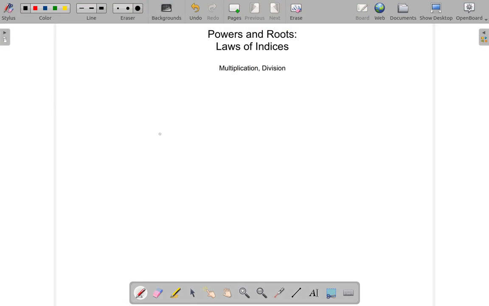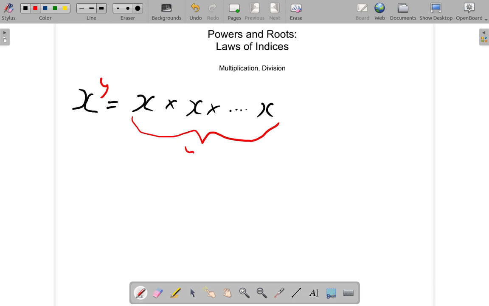For example, let's use letters. It represents any numbers. X to the power of y. What it means is you have x keep multiplying itself on, and there are y x's.